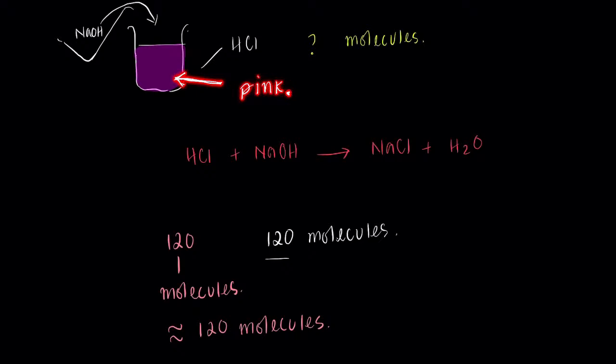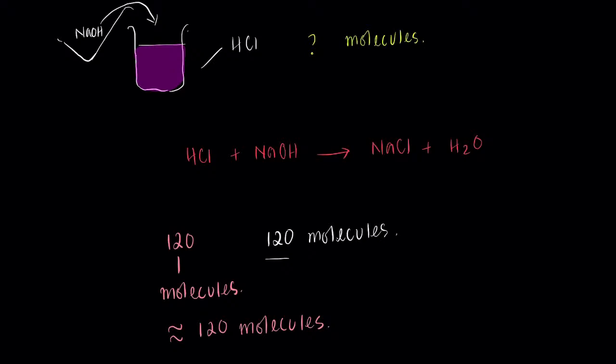As soon as it turns pink, we know the entire thing has alkali in it and no acid. You get it? Great. Brilliant. I know I'm being a little number intensive, but if you get it, it's great.